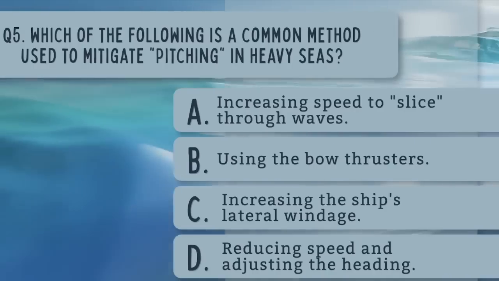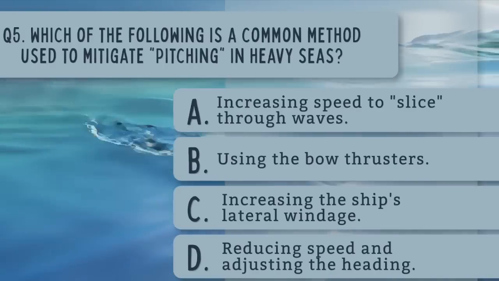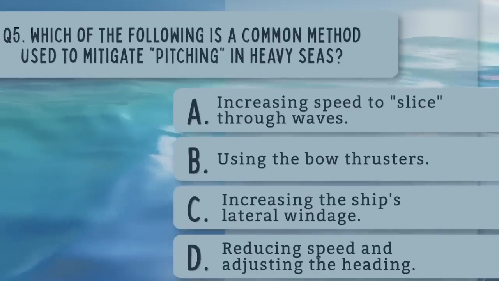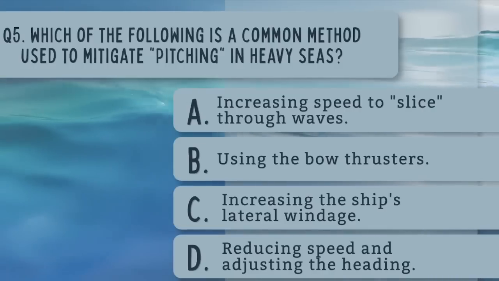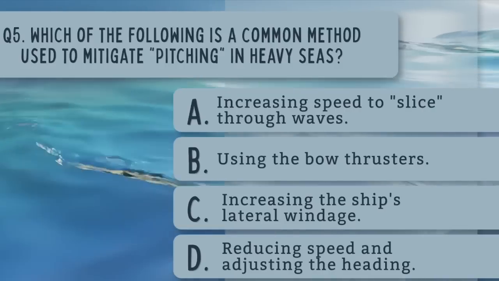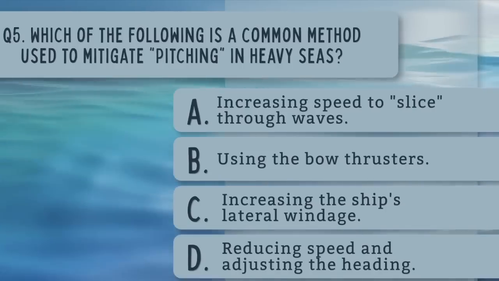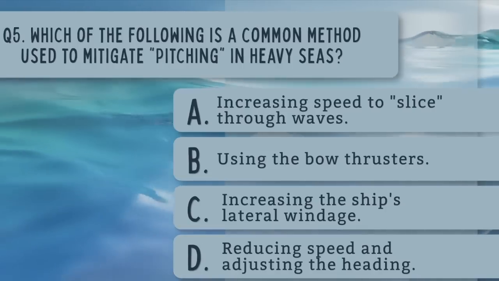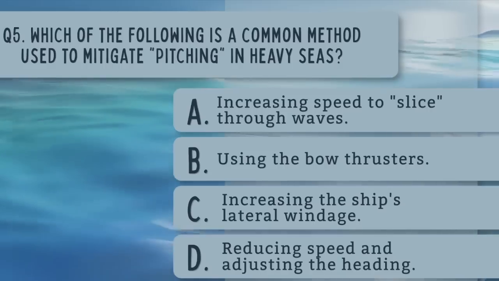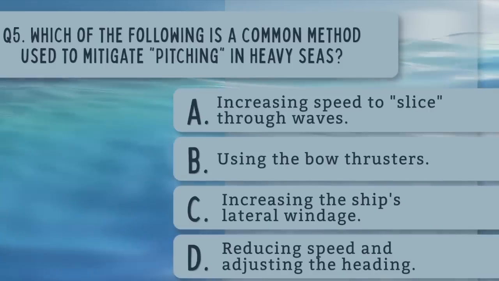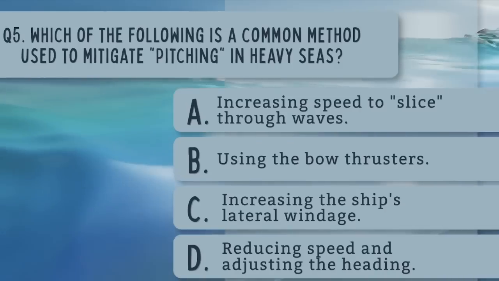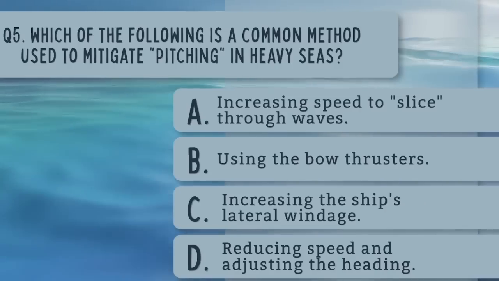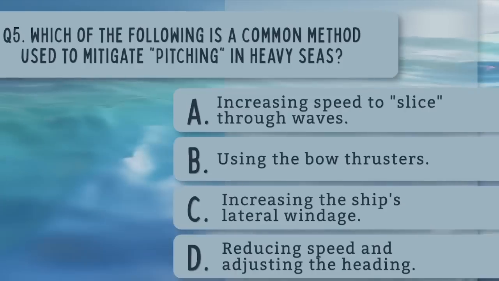And then the last question: which of the following is a common method used to mitigate pitching in heavy seas? A. Increasing the speed to slice through waves, B. using the bow thrusters, C. increasing the ship's lateral windage, or D. reducing the speed and adjusting the heading?